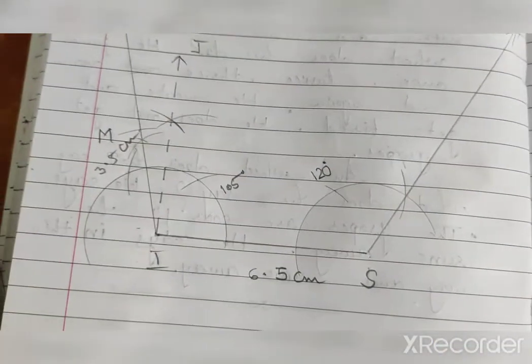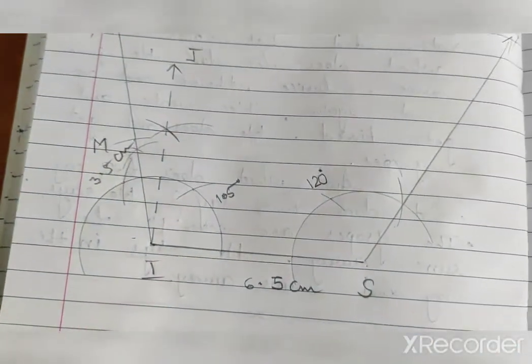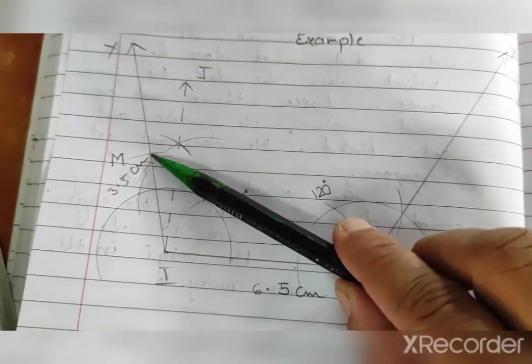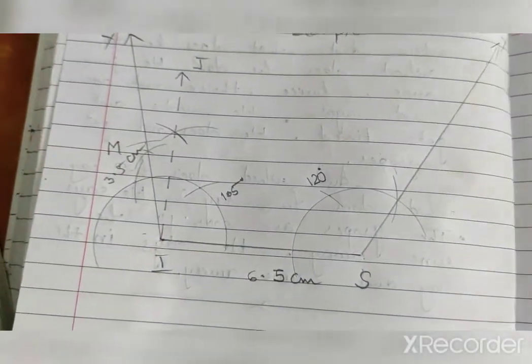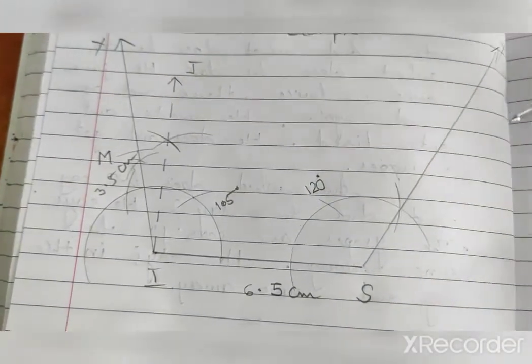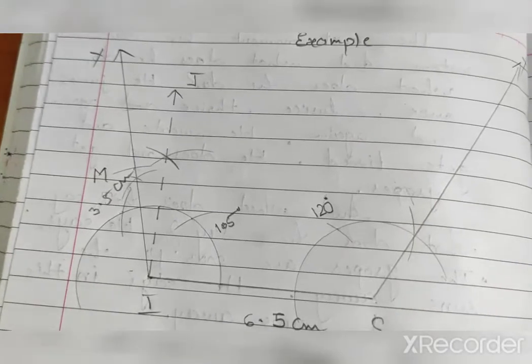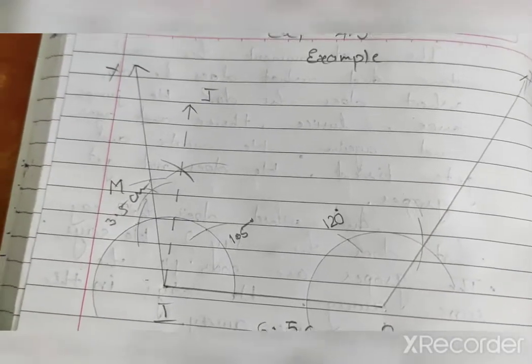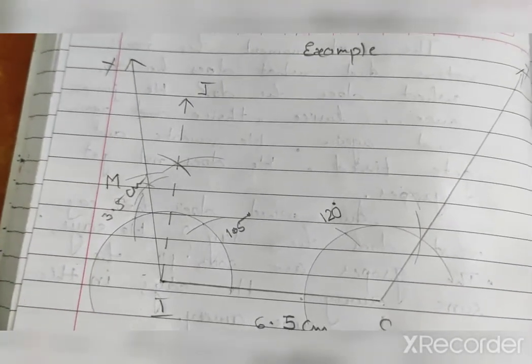Okay, now we have to draw angle M. So for angle M what we will do, again convenient radius we will take, and 15 degree, so 60 plus 15, 75.